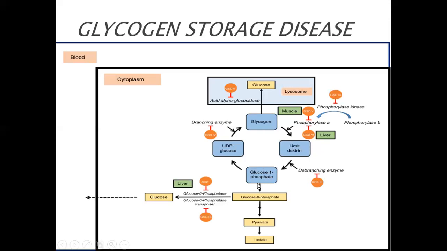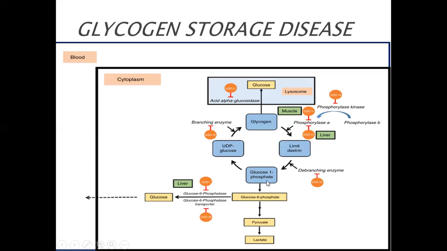Your glucose 1 phosphate is the form of glucose which may be used by your cells to form ATP as a source of energy. When not in use, glucose 1 phosphate may be converted into UDP glucose and, by another branching enzyme, to form glycogen.